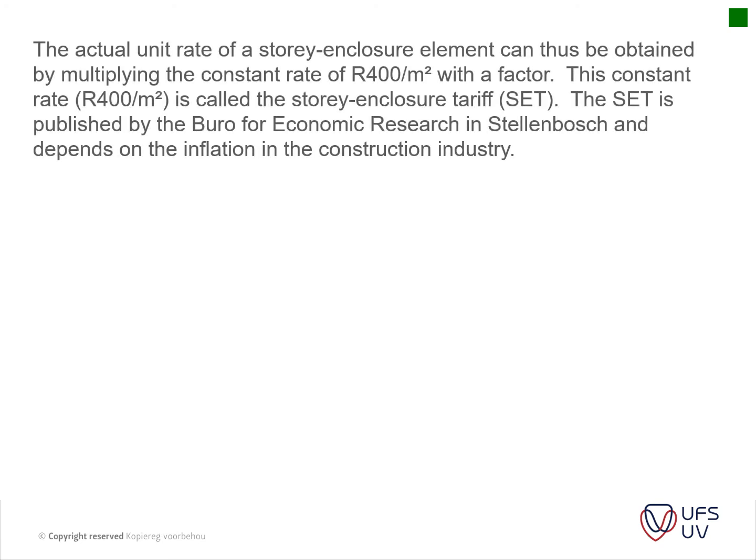The actual unit rate of a story enclosure element can thus be obtained by multiplying the constant rate of 400 Rand per square meter with a factor. This constant rate, 400 Rand per square meter, is called the story enclosure tariff, as spoken about last week. The tariff is published by the Bureau of Economic Research in Stellenbosch and depends on the inflation of the construction industry.